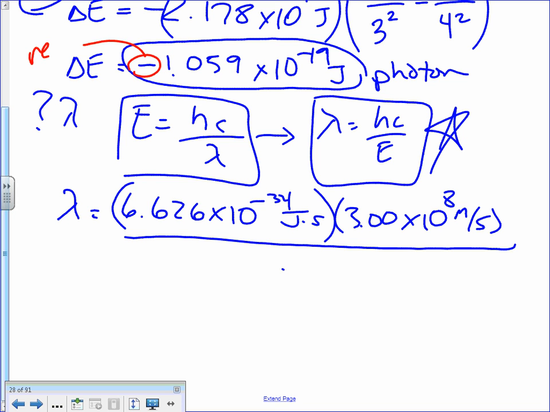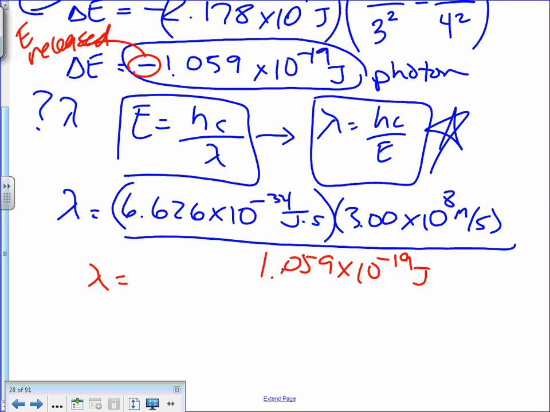Energy was released. That is not included in our E because wavelengths can't be negative. There's no such thing as negative length. So we'll just put the absolute value of this down here. Ready when you are? Hold on, what did I just say about the negative?